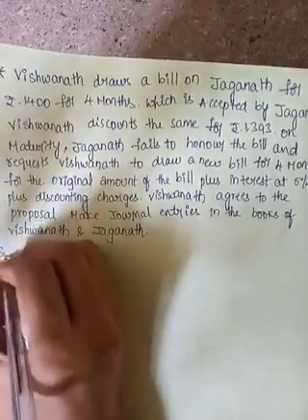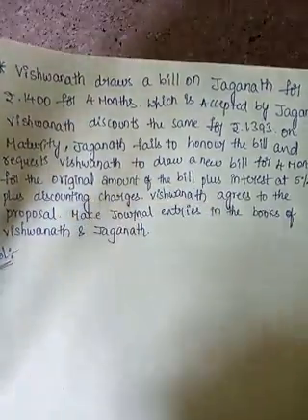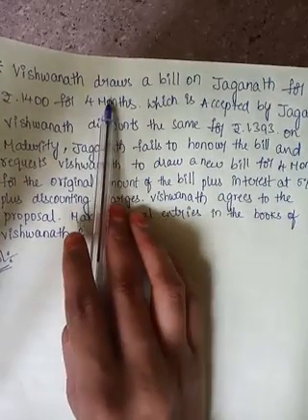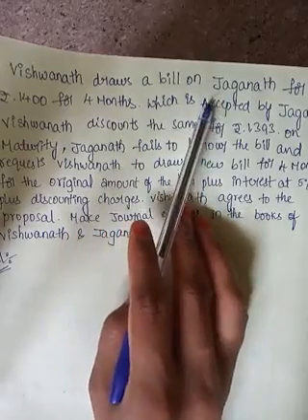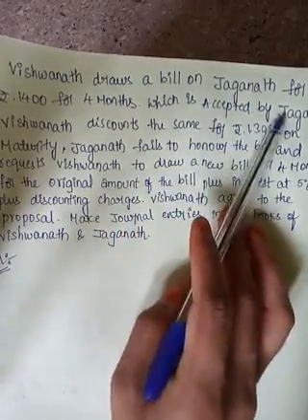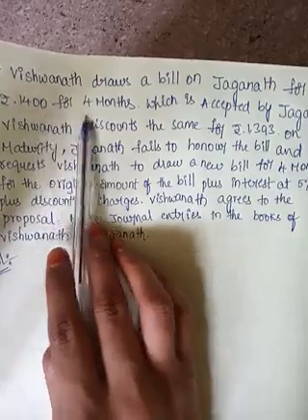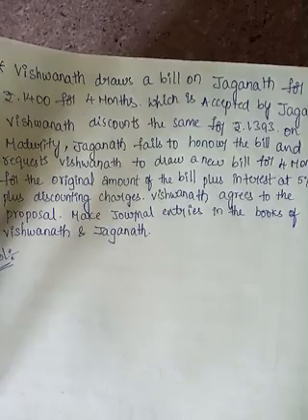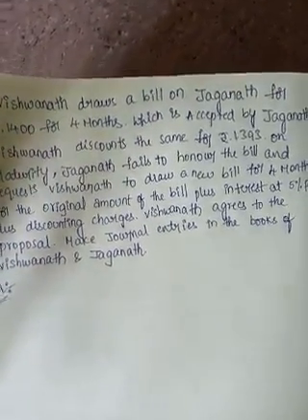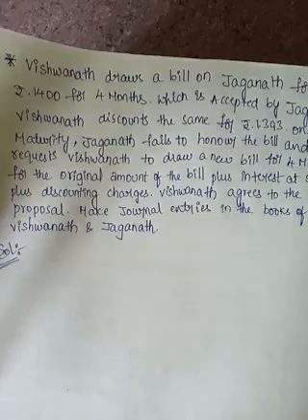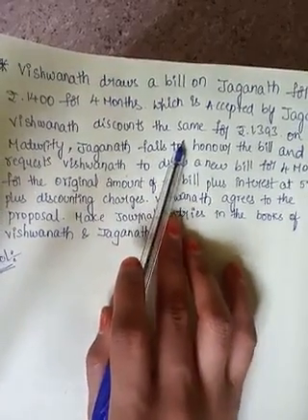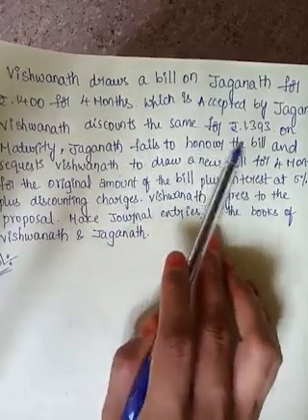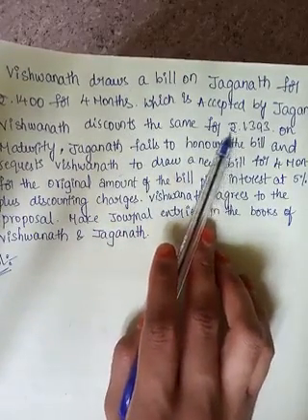Okay, now we will write the journal entries. Once again, see the problem. What are the two parties? Vishwanath and Jagannath. Vishwanath draws a bill on Jagannath for rupees 1400 for 4 months, which is accepted by Jagannath, and Vishwanath discounts the same for rupees 1393 on maturity.